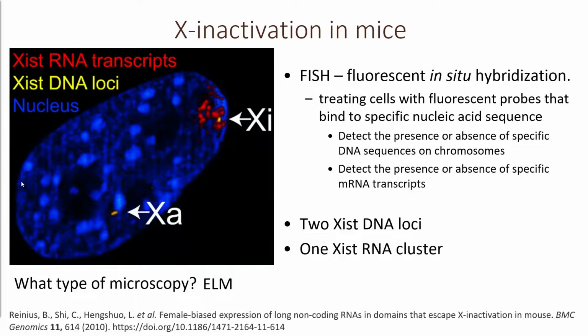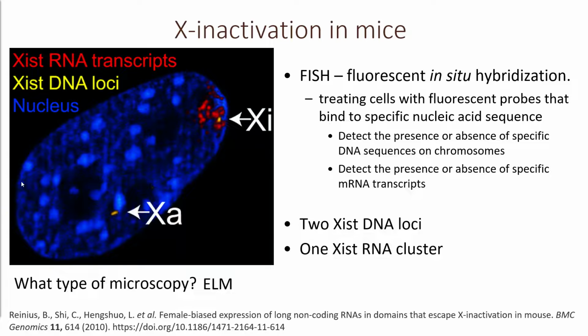But if you'll notice, the Xist RNA transcript shown in red only localizes to one of these chromosomes. The chromosome labeled as Xi here, the one with the Xist RNA cluster, is the inactivated X chromosome.